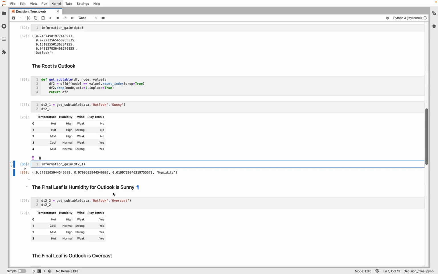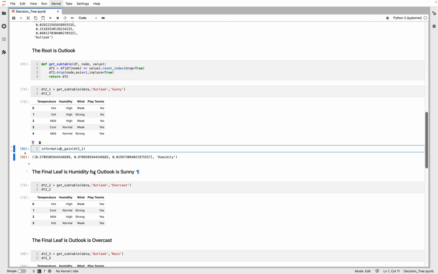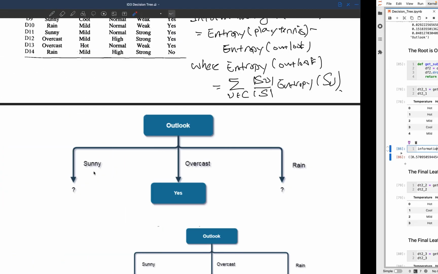So we see that when the humidity is high, playing tennis is no. When the humidity is normal, playing tennis is yes. That will be the final leaf for the second level, as shown here.